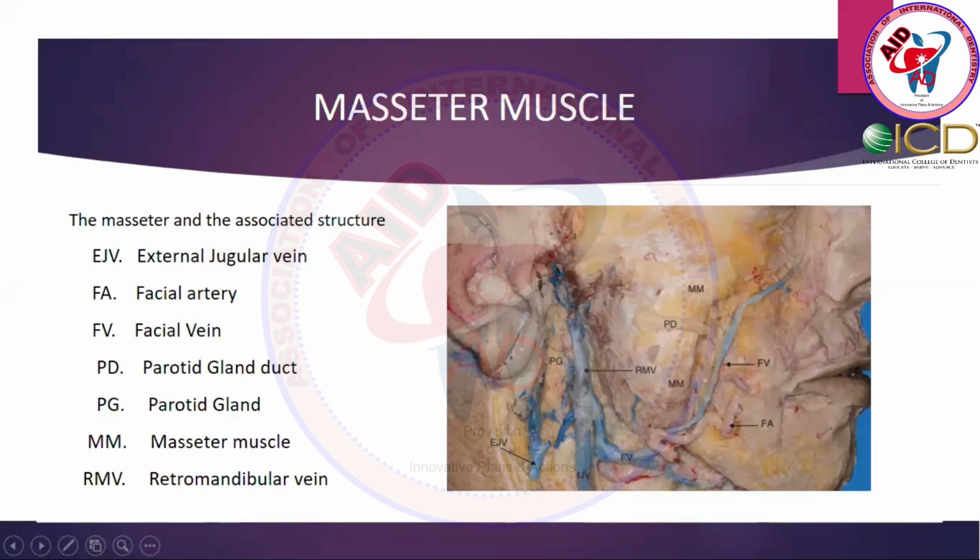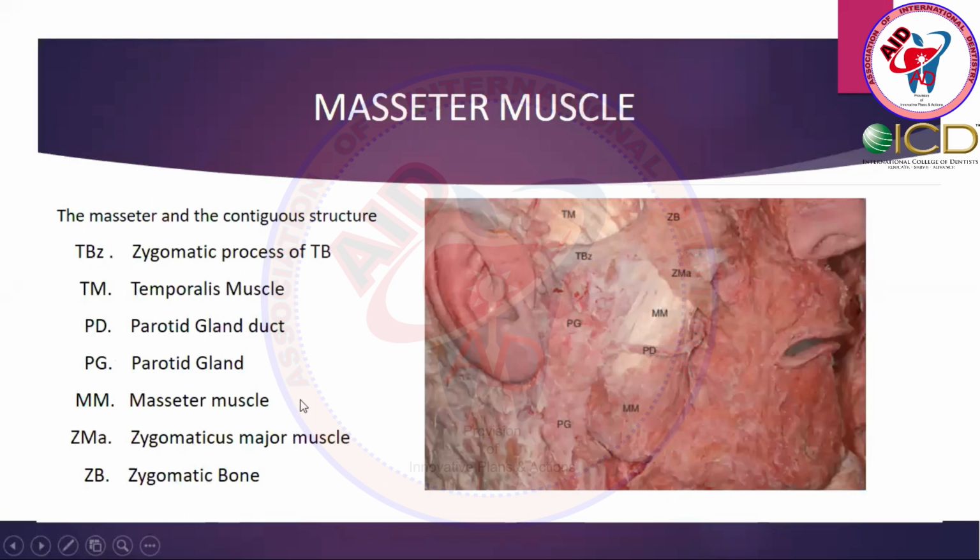So after getting this concept, take another look. This is the zygomatic process of the temporal bone. That is the temporal muscle right here. This is the parotid gland, with the parotid duct crossing over the masseter muscle.